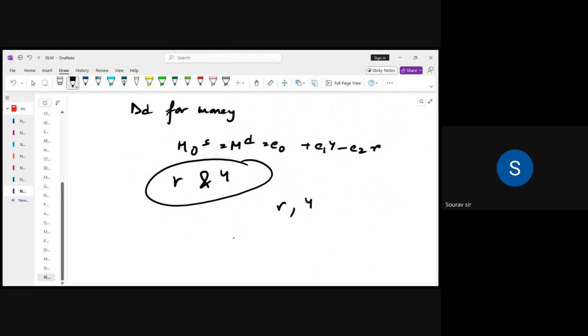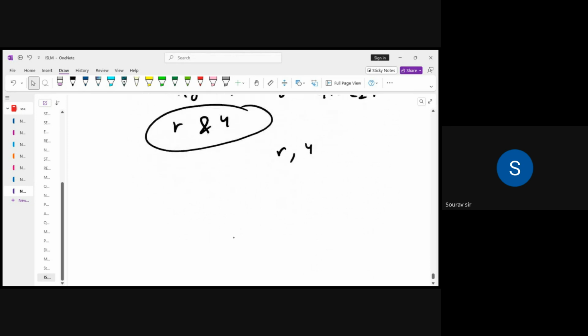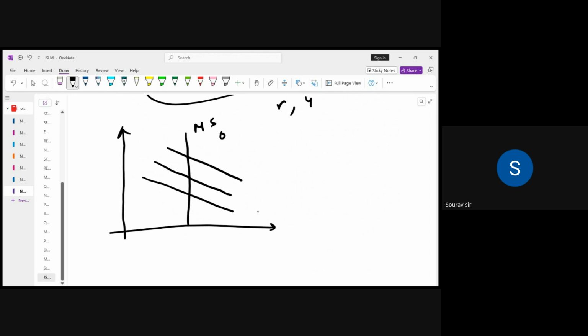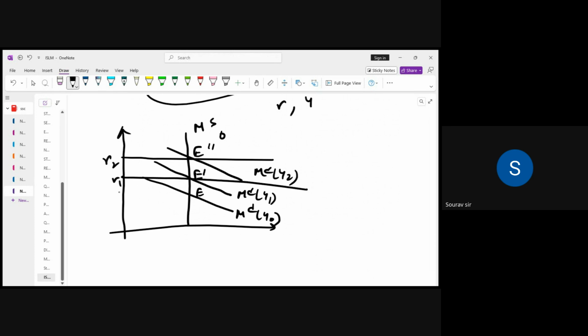So here, for the LM curve, the diagram goes like this. Here we have R1 and here we have R0.